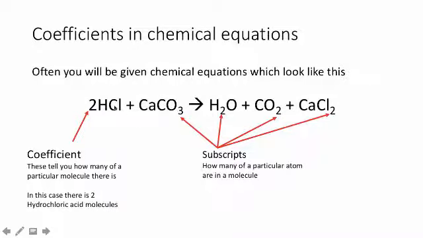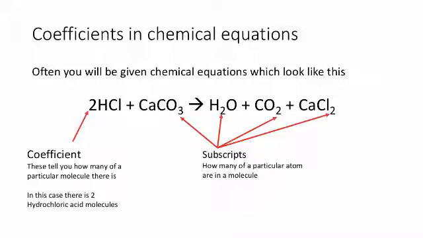So for example, we have 2 molecules of hydrochloric acid reacting with a single molecule of calcium carbonate here. This produces 1 molecule of water and 1 molecule of carbon dioxide, as well as 1 molecule of calcium chloride.